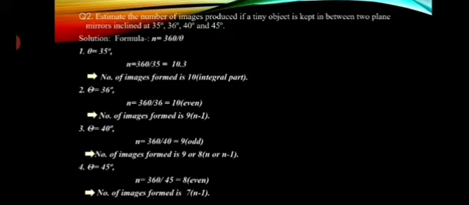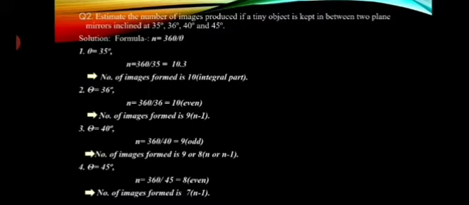When it is exactly at the angle bisector, our condition is that the number of images formed will be n minus 1. So for that case, the number of images will be 9 minus 1, that is 8. And if it is anywhere between the two plane mirrors except the angle bisector, then the number of images formed will be n, equal to 9.